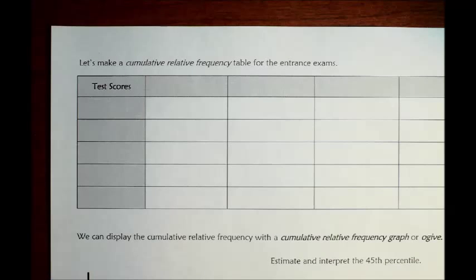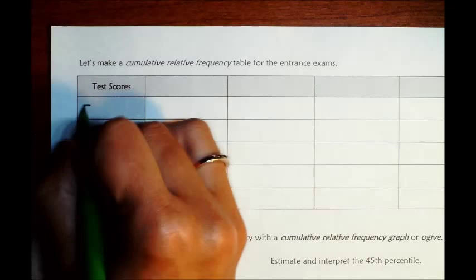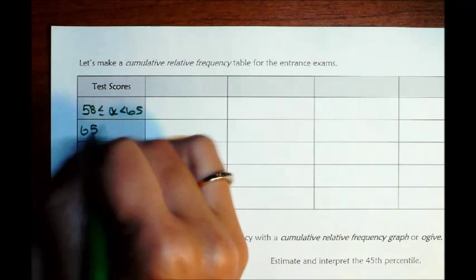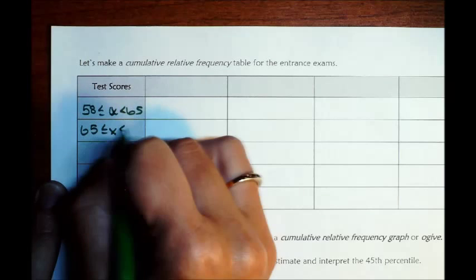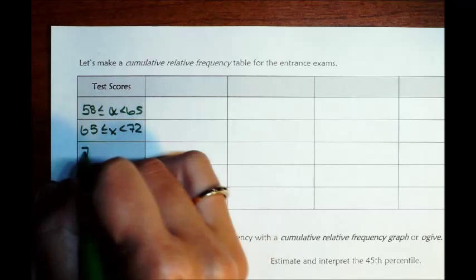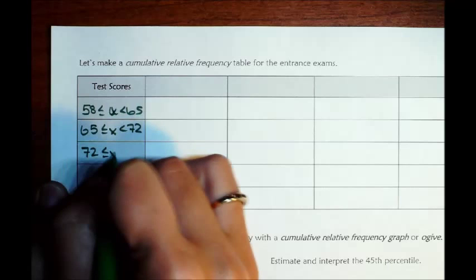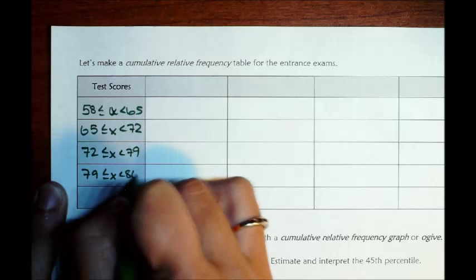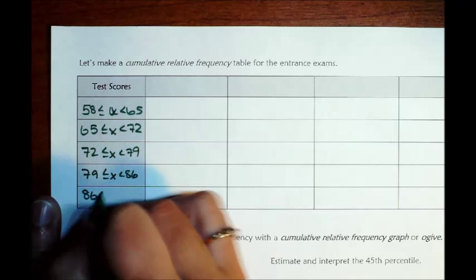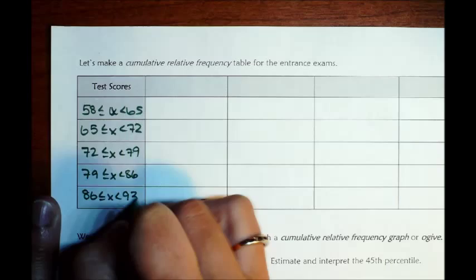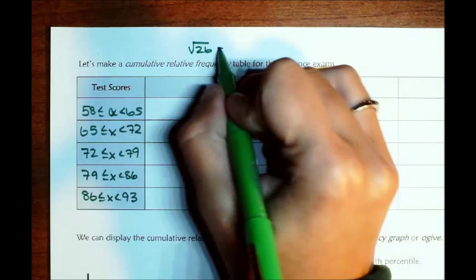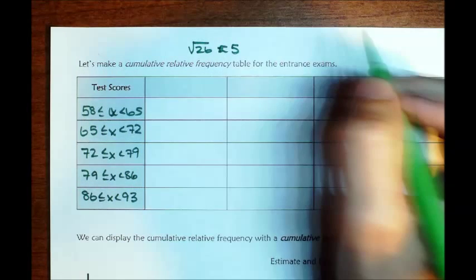Test scores for Frank were 58 to 65. The way I figured this out is because there were approximately 26 data points, which is going to be approximately 5. So that's how I got 5 bins.